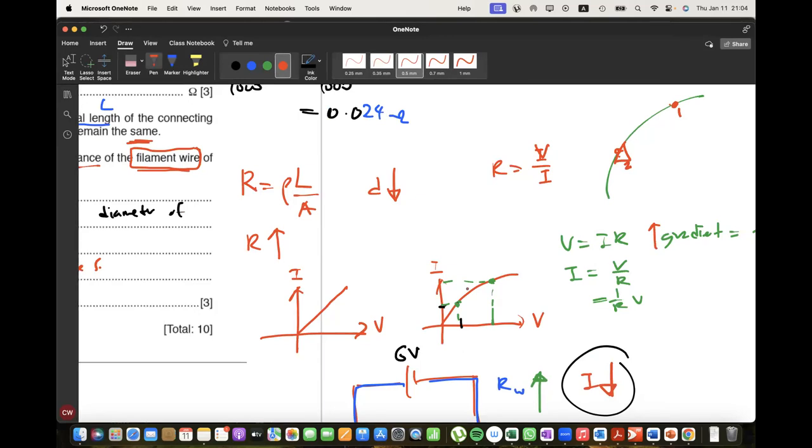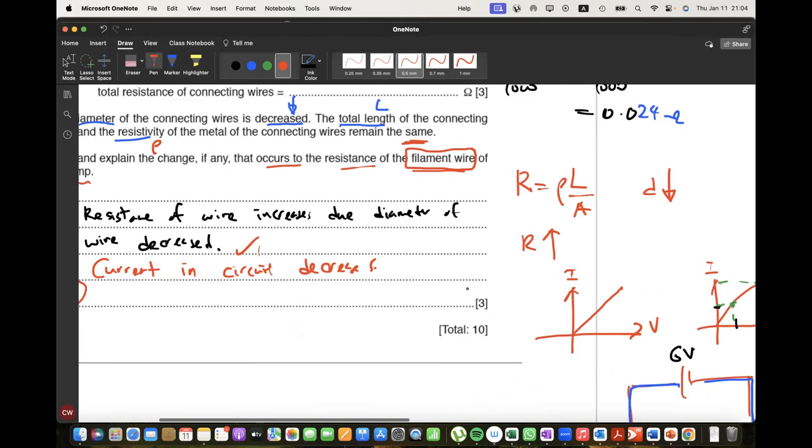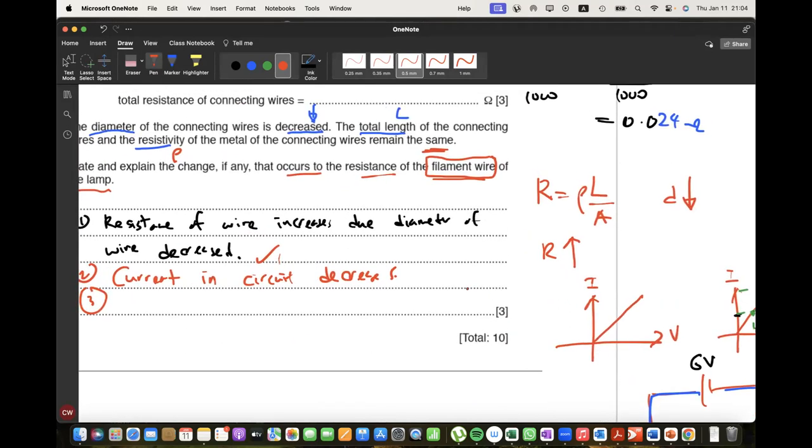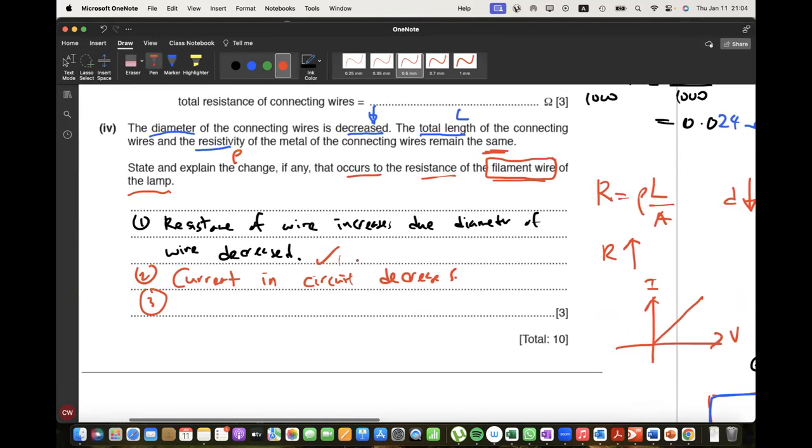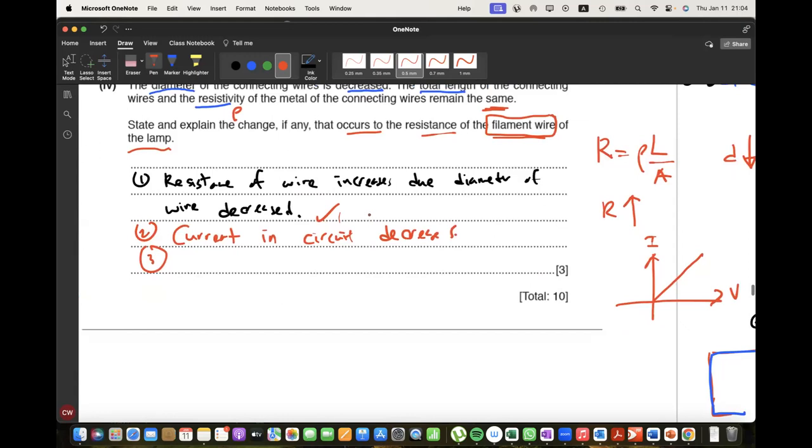Okay or not? How to write? Gradient. What gradient? Actually, this is just the conclusion. Conclusion is what? Resistance of filament decreases. Strength of the filament decreases.